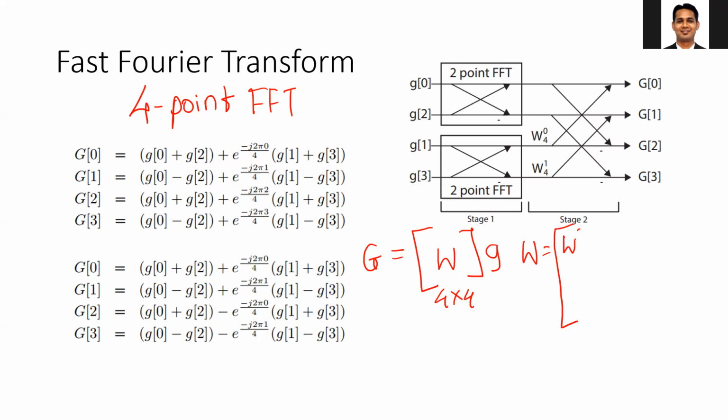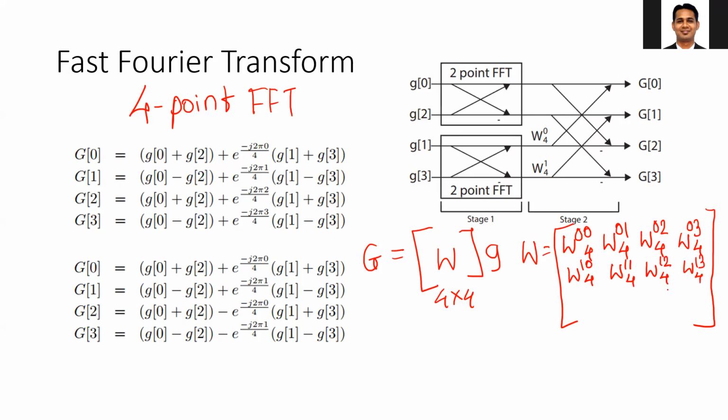It is W 0, 0, 4, then W 0, 1, 4, W 0, 2, 4, and W 0, 3, 4. Then here you have W 1, 0, 4, W 1, 1, 4, W 1, 2, 4, W 1, 3, 4.